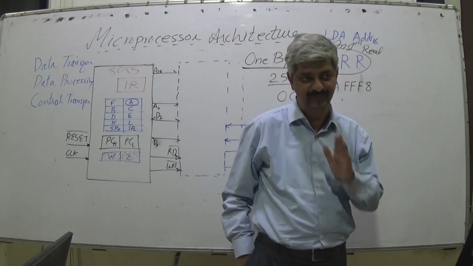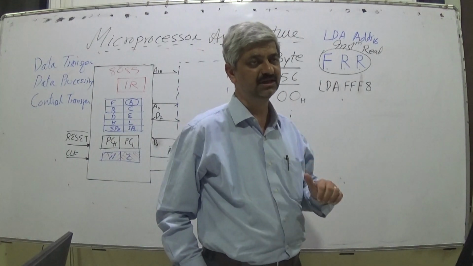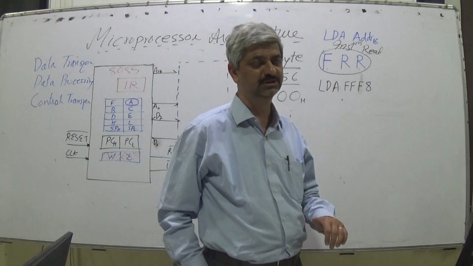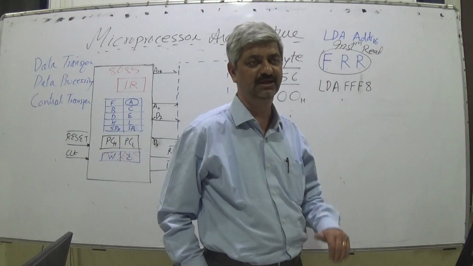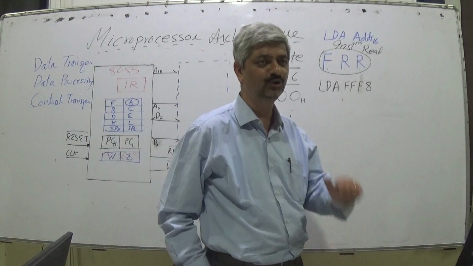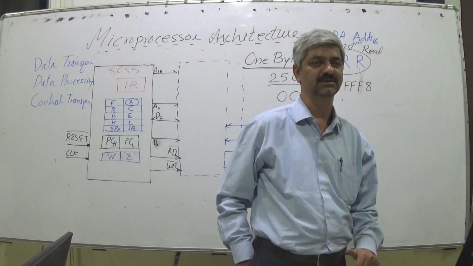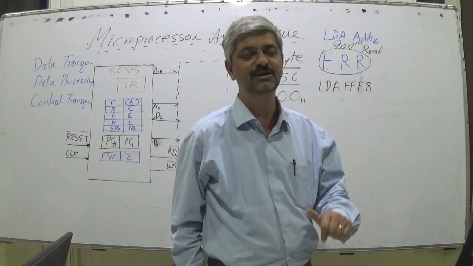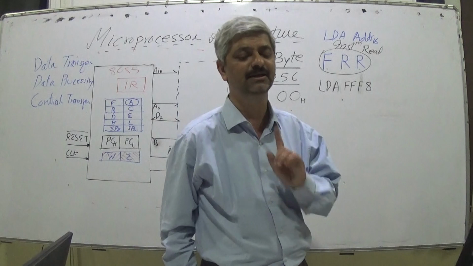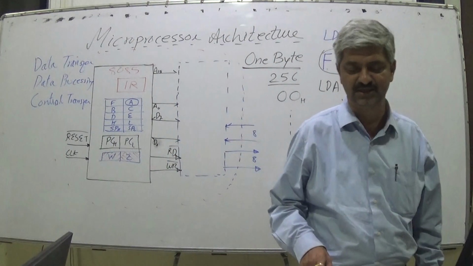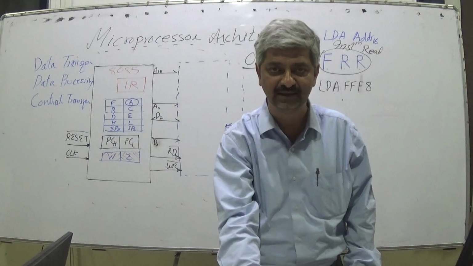LDA FFF8 means the instruction tells the microprocessor to transfer the contents of external location FFF8 into the accumulator. So how is this to be executed? In this instruction, the content to be transferred is outside, and where it is to be transferred is inside. Therefore, this instruction will require 1 more cycle.